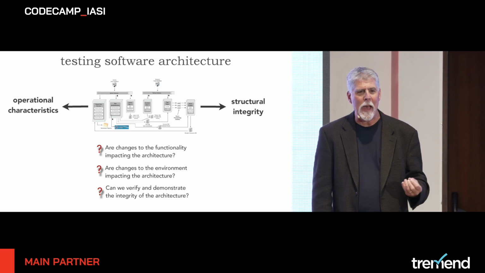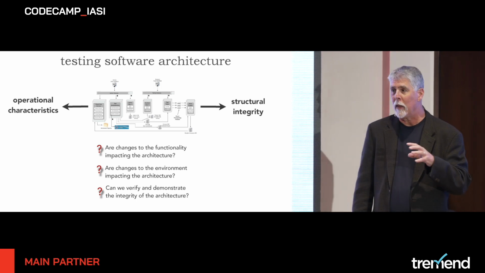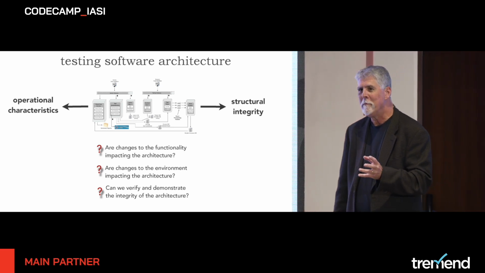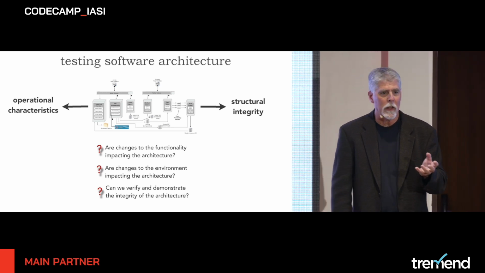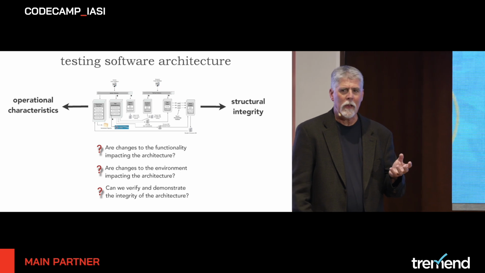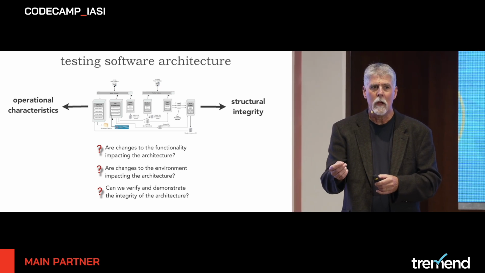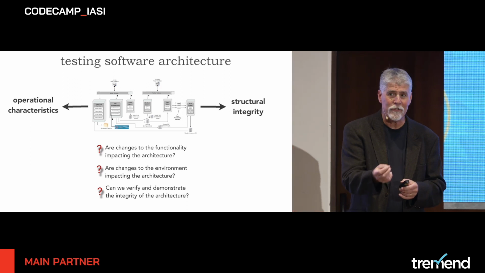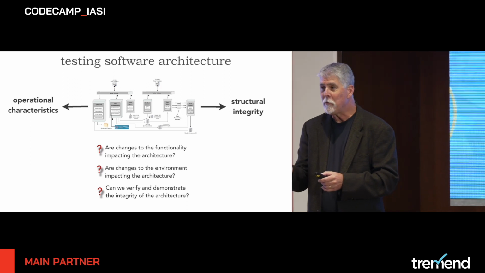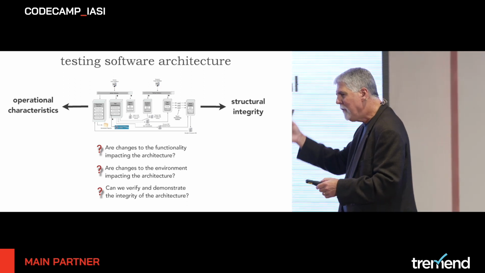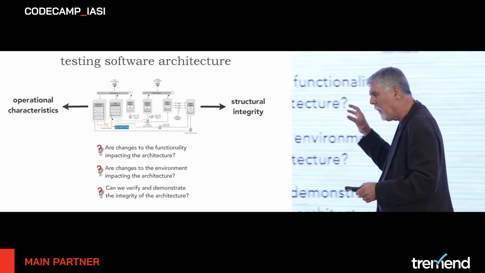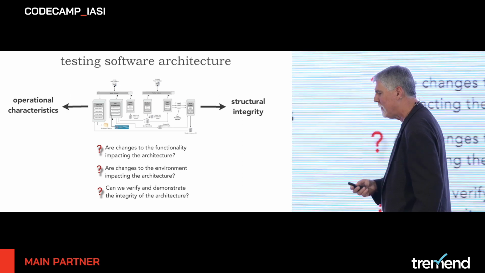Do those impact the structural integrity of our system? And finally, can you actually demonstrate that we are scaling? That the system is elastic? Or that it is responsive? So these are the three things we can do with all these different tests.